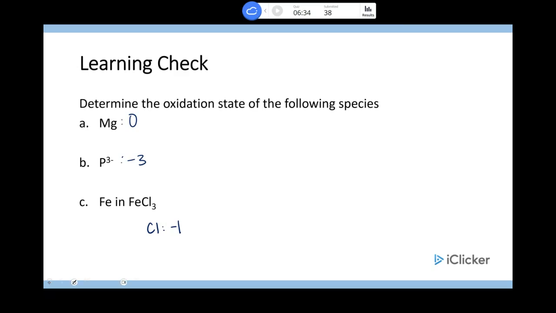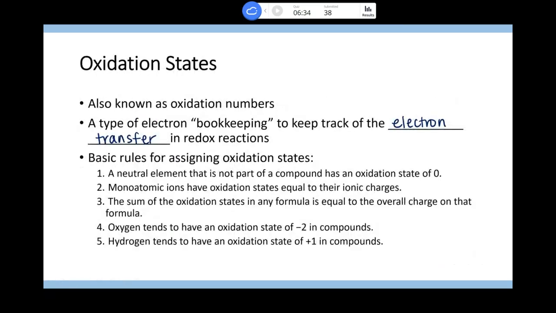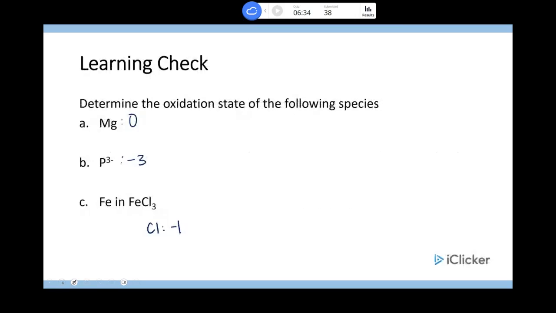Now we have to use guideline 3 here. The sum of the oxidation states in any formula is equal to the overall charge on that formula. Here we have no charge specified for iron chloride, so we can assume the overall charge is 0. We have 3 chlorines with a -1 oxidation state. We have 1 iron, so the iron must have a +3 oxidation state.